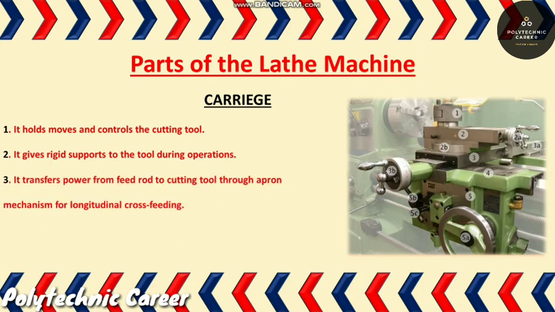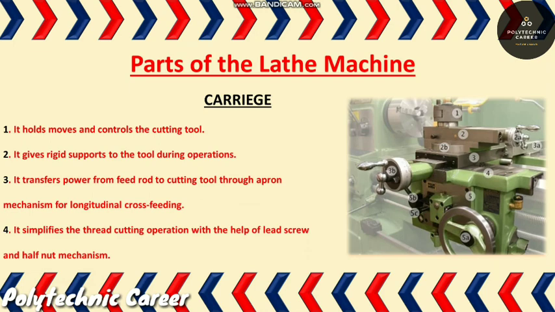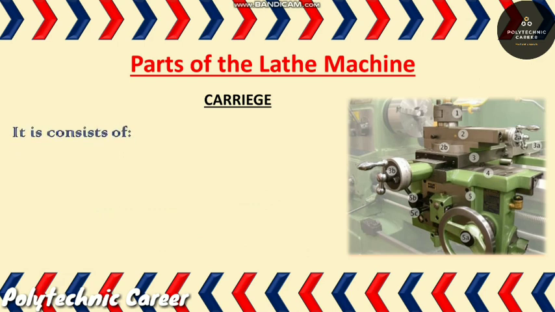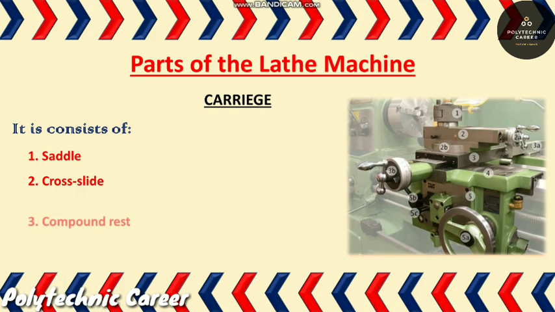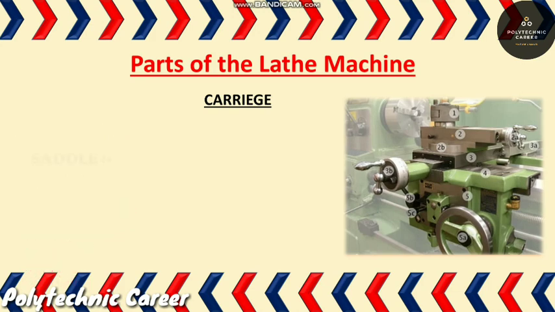It transfers power from the feed rod to the cutting tool through the apron mechanism for longitudinal and cross feeding. It simplifies the thread cutting operation with the help of the lead screw and half nut mechanism. It consists of saddle, cross slide, compound rest, tool post and apron.